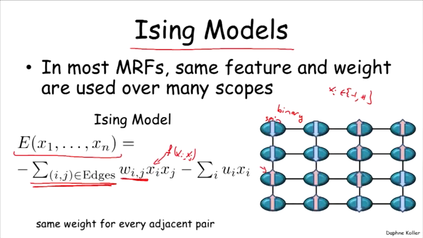So usually, we're going to just have a single parameter w that represents the extent and type of the influence of two adjacent atoms on each other. And so this is now a model that has the same feature and the same weight, reused across different pairs of random variables in the model.